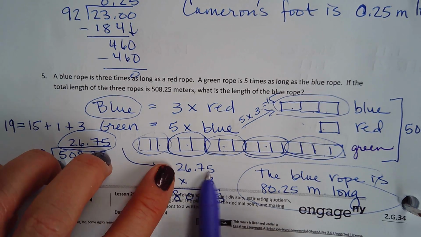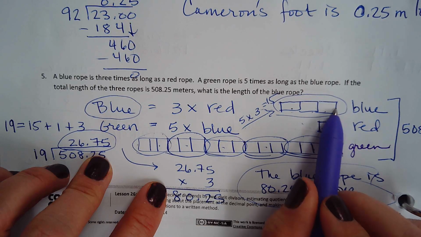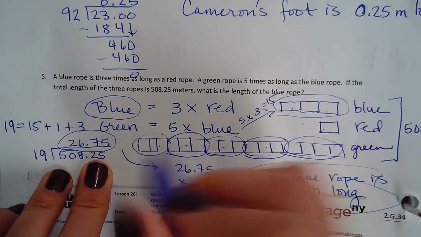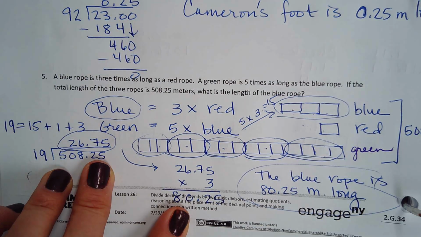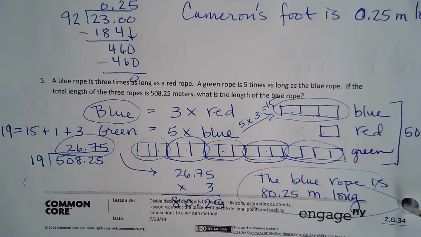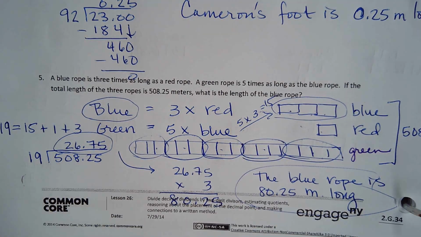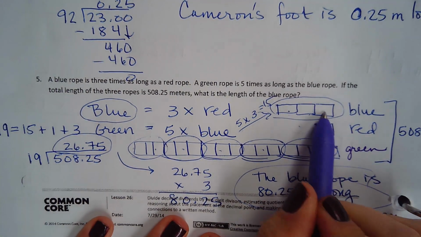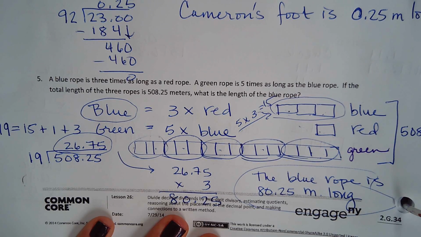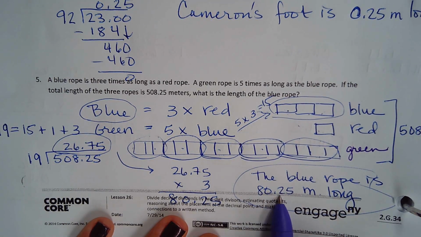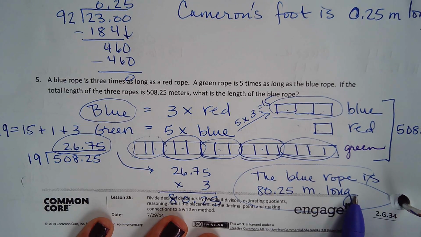Now 26.75 times 3 is 80.25. So this 26.75 is just for the red, and now you have to multiply it by 3. So the rope is 80.25 meters long.